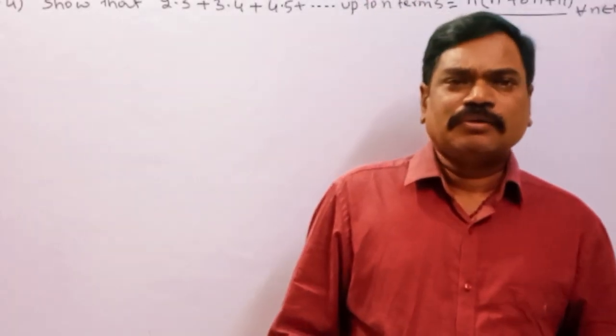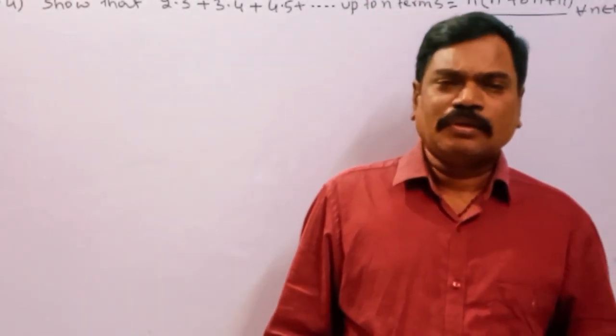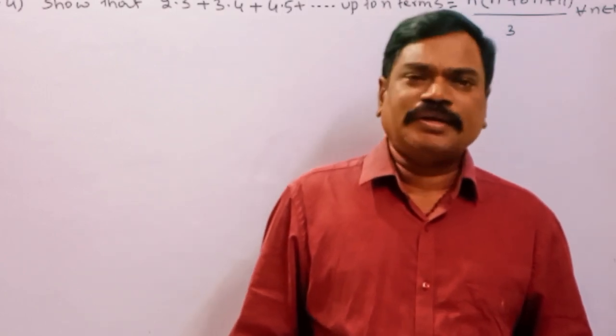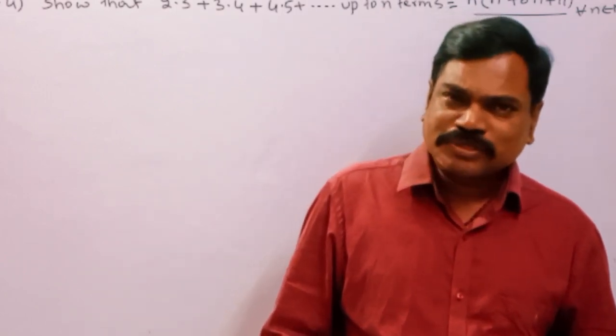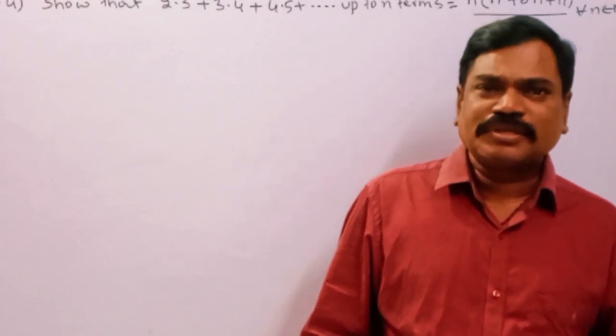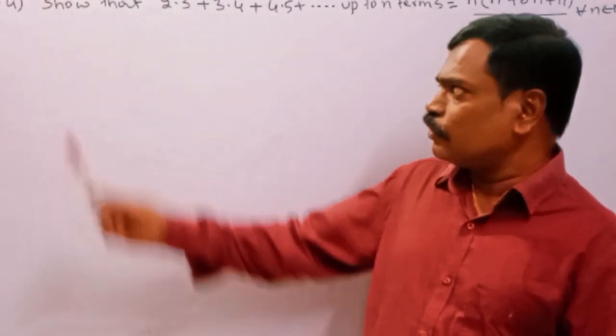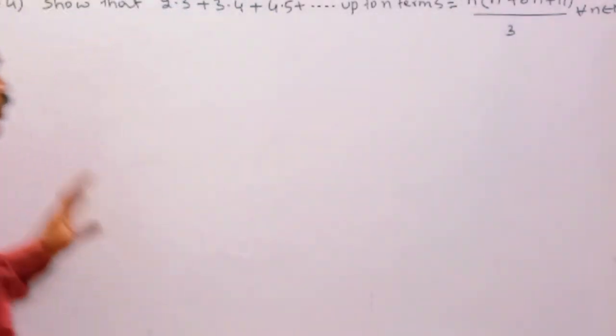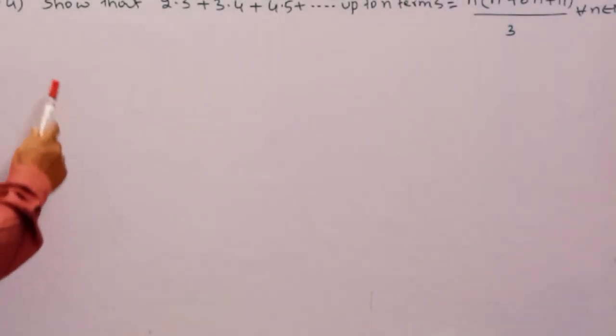Dear viewers, we have one more problem from mathematical induction long answer questions for IPE examination. Important question series, we discuss this fourth problem. Here you see what is the fourth problem.